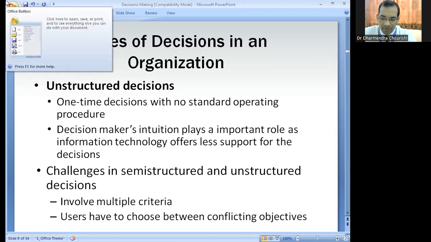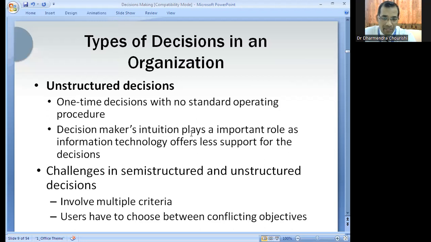According to time and particular conditions, decision makers can use their own pattern. Decision makers' intuition plays an important role, as information technology offers less support for unstructured decisions.